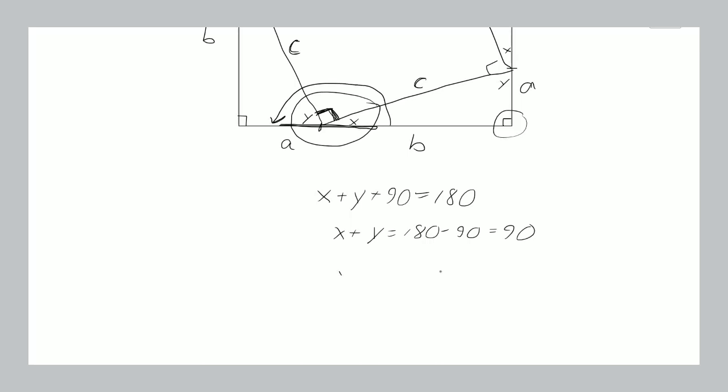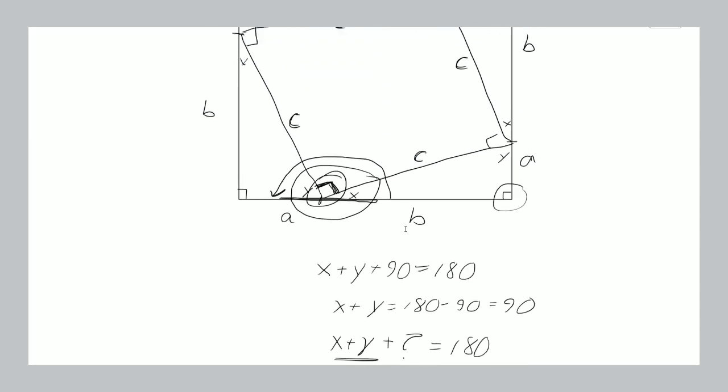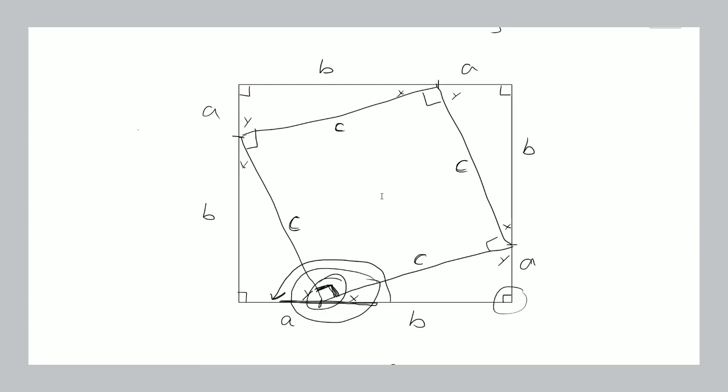So x plus y plus whatever that corner is has to equal 180. Well, we know x plus y is 90. So 90 plus that corner is 180. So that corner has to be 90 as well, because 90 plus 90 is 180. So we know that this is in fact a square in the middle here with side length c.